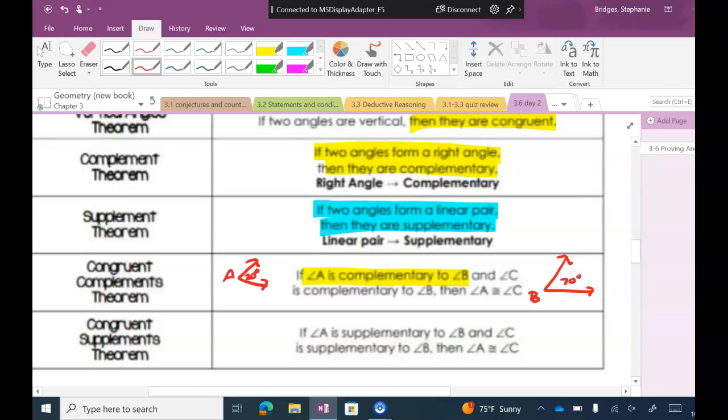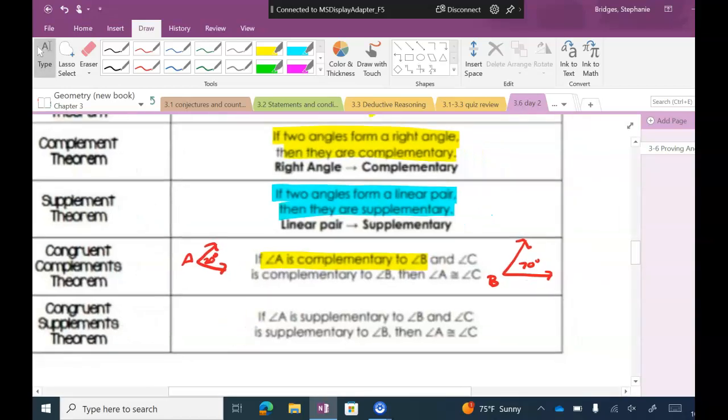Those two are complementary, right? They add up to be 90. So if angle A is complementary to angle B and angle C, let's do C over here, and that is also 70 degrees. A is complementary to both B and C.